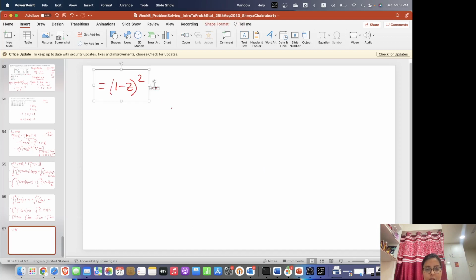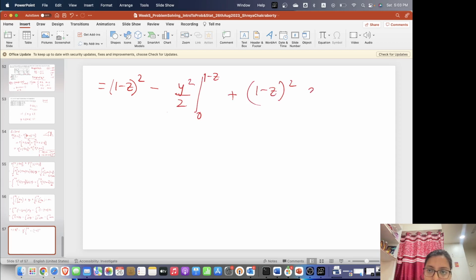minus, we would have here y square by 2, 0 to 1 minus z, plus again 1 minus z whole square minus x square by 2, 0 to 1 minus z.